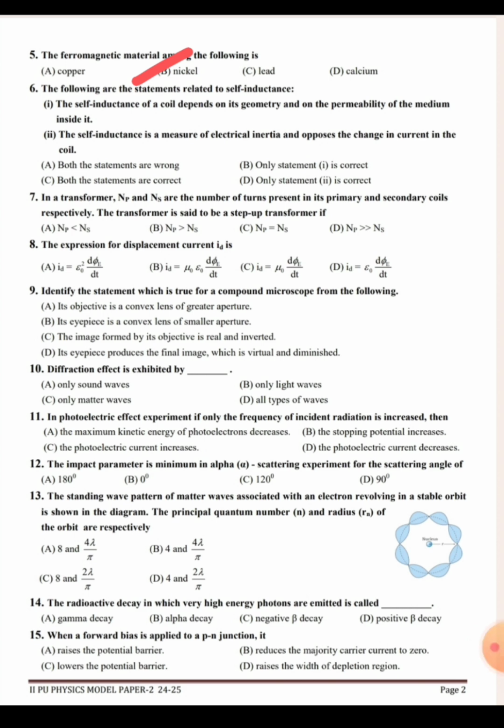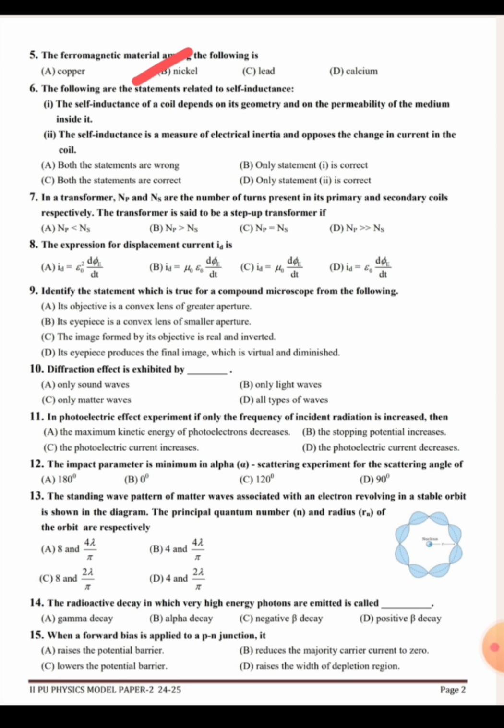The next one: the following are statements related to self-inductance. Students, you can always expect this type of problem. Two statements will be given and you have to check whether both are correct, both are wrong, or whether the second is the correct explanation of the first.